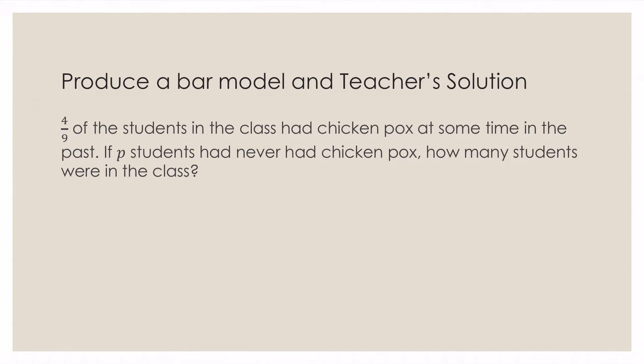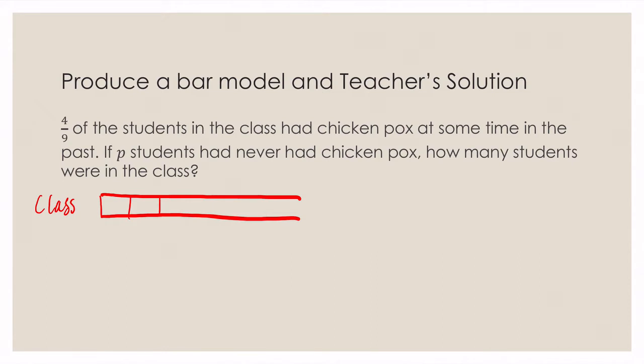Okay, so we're going to have a bar, so our class, you can label that if we want to, but we need 4/9. 1, 2, 3, 4, 5, 6, 7, 8, 9. Okay, so here's the 9ths in my bar. Now 4 of them had chickenpox at the same time, so I'm going to find 4 here.